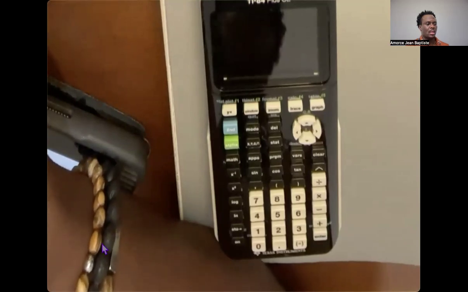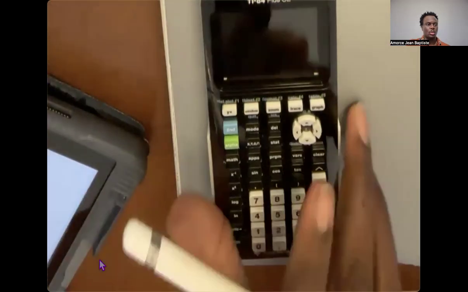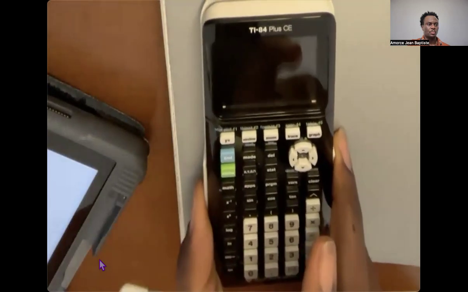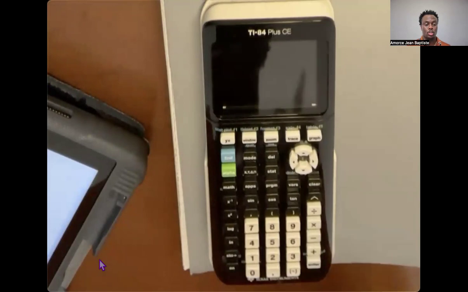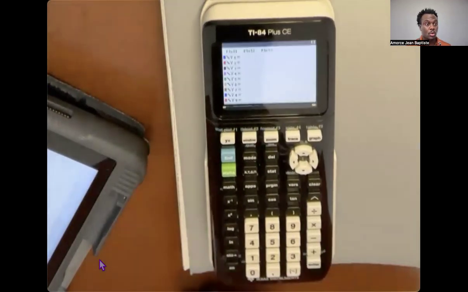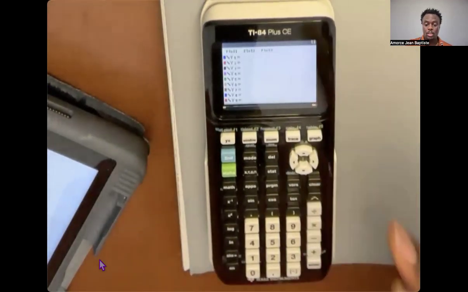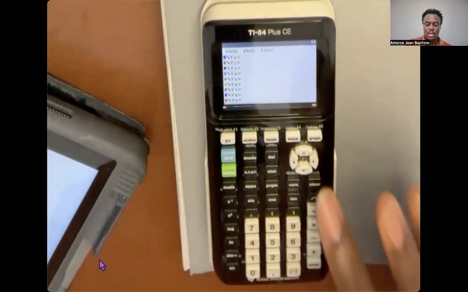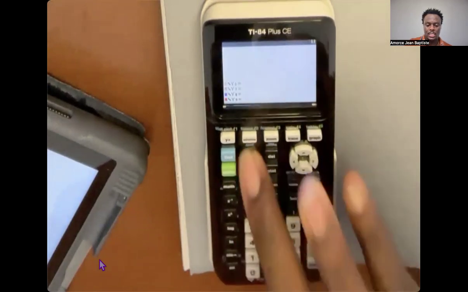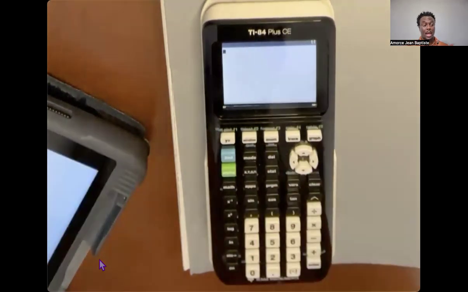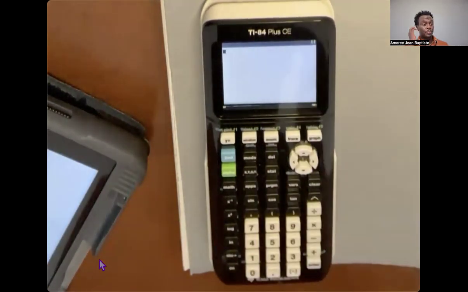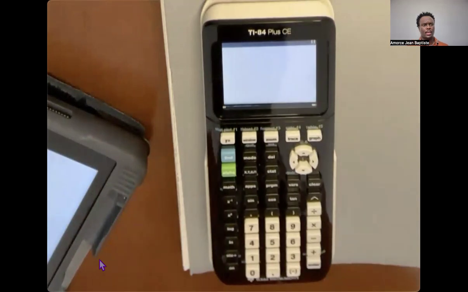So let's use the graphing calculator to find this. First thing you do is turn on your calculator. I turned it on, it was already on, but obviously this is not what you would see if you turn it on. You're going to have a blank screen when you turn on your calculator.